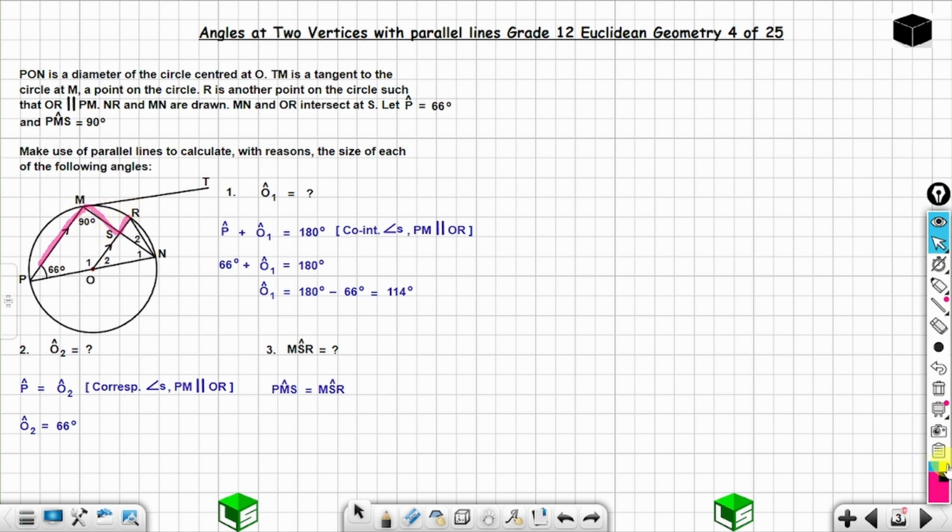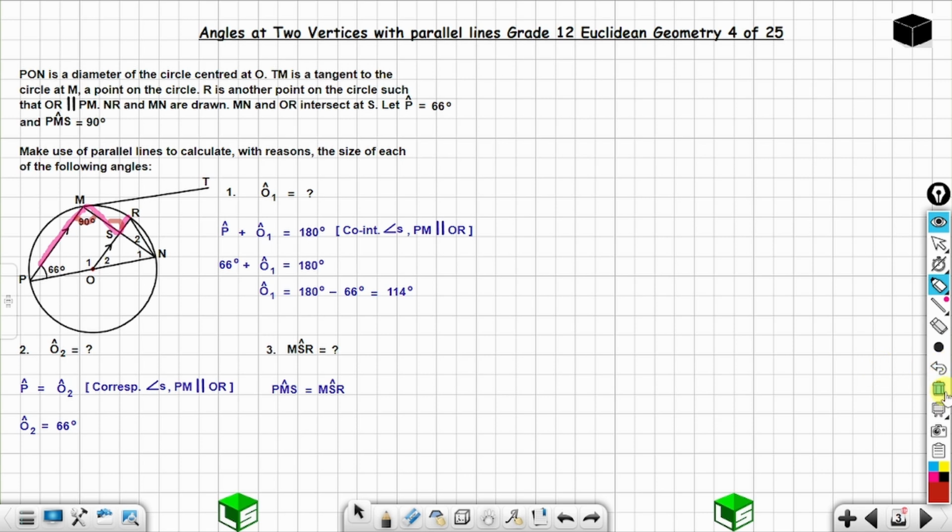Let me show you. This angle is equal to this angle. You have alternating angles. You have PM parallel to OR. You have your Z or N.